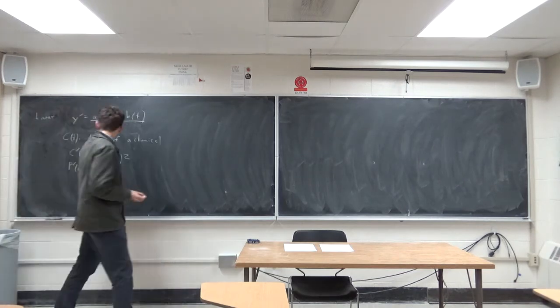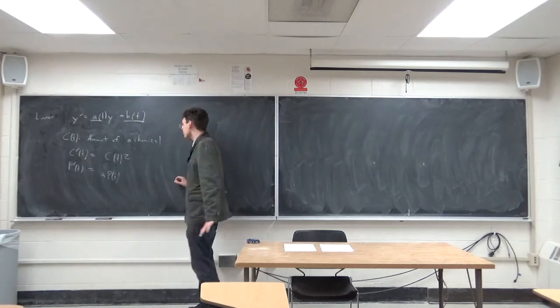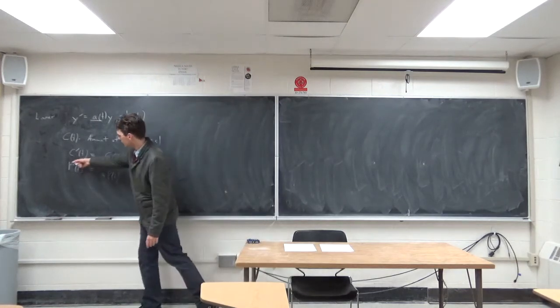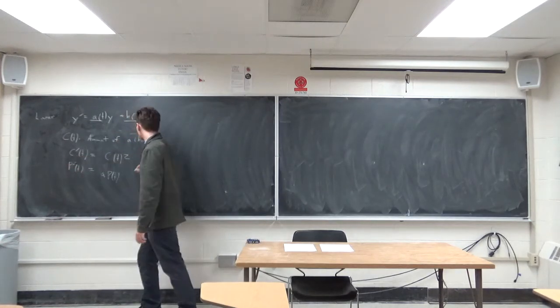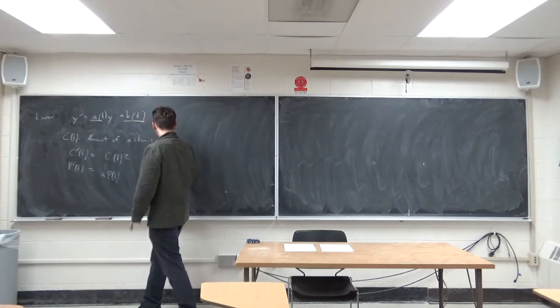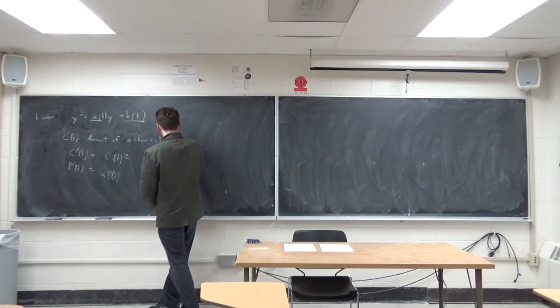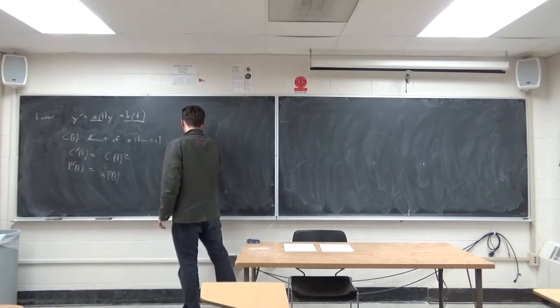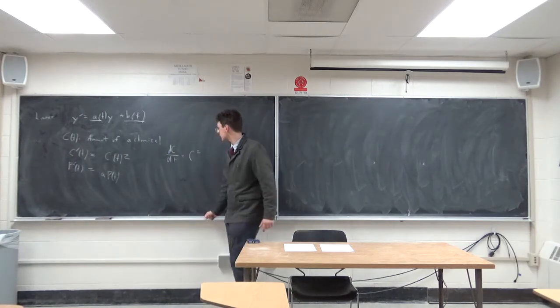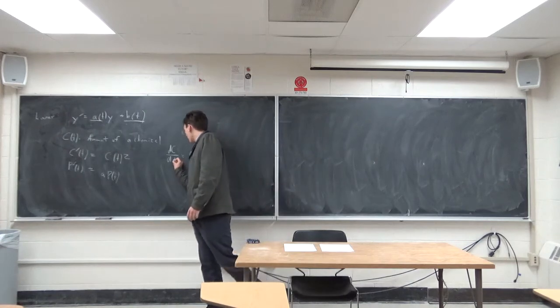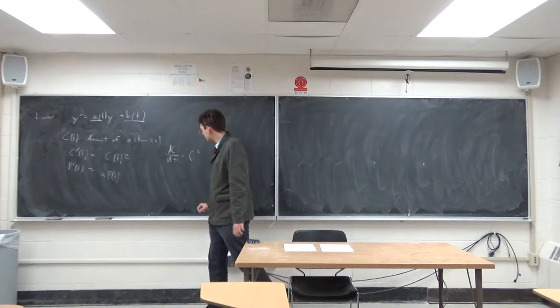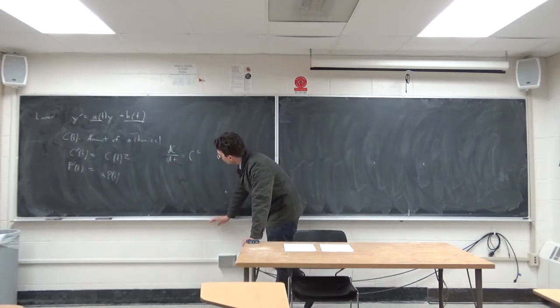Well, let's maybe rewrite this part of the equation. Let's rewrite this as dc dt equals c squared. So what can I do here?